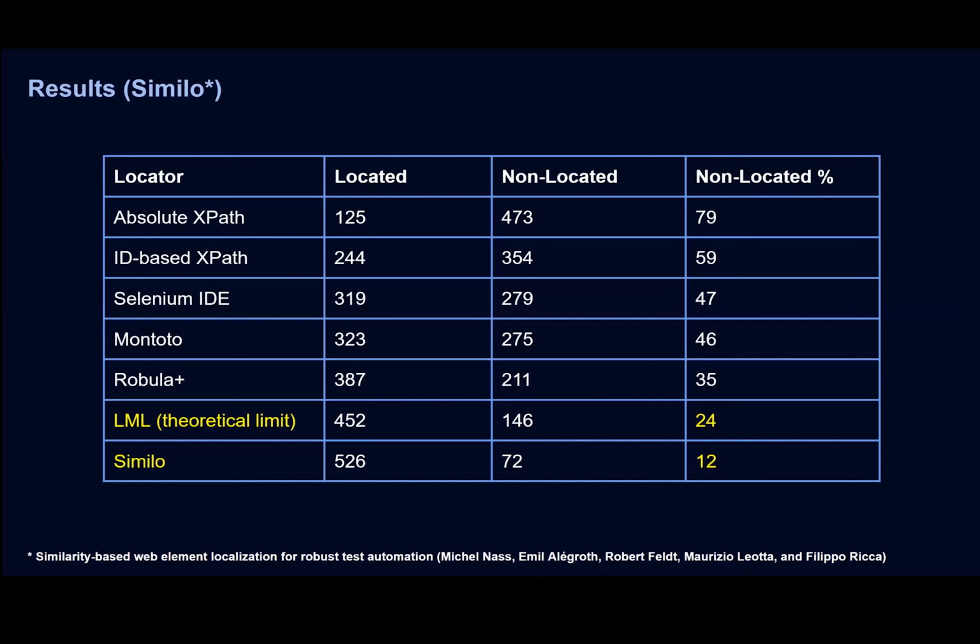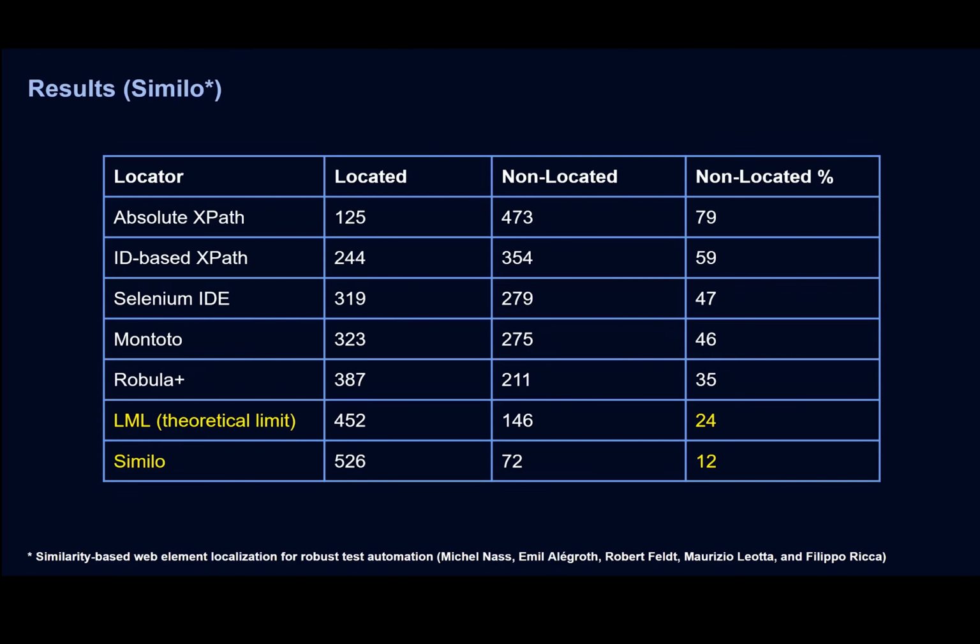And the results. The important results are between the multi-locator and Similo at the end of this table. The other ones are the single locators. The multi-locator is actually using the single locators and a voting mechanism, so it's always better than the rest of the single locators.